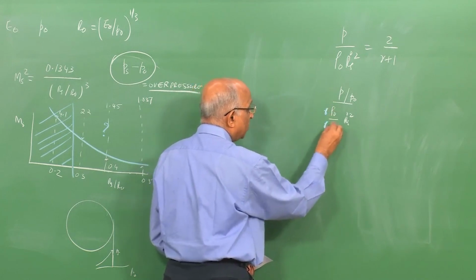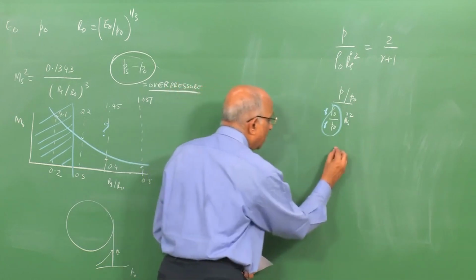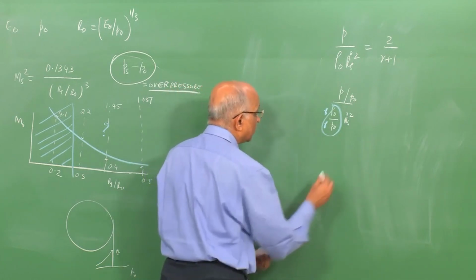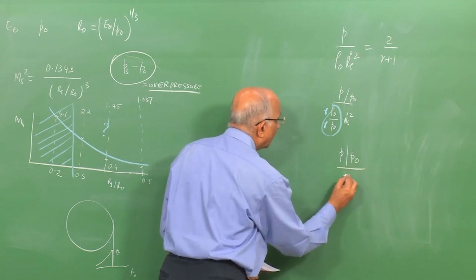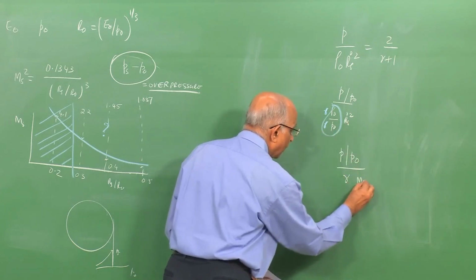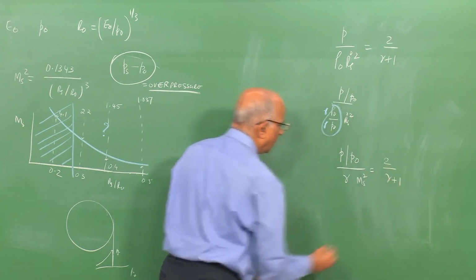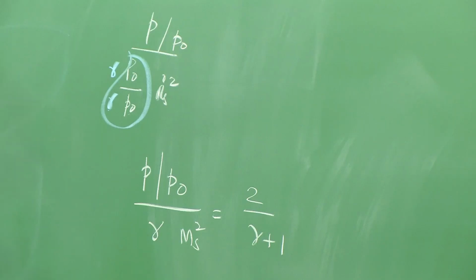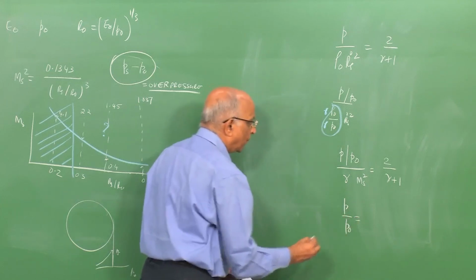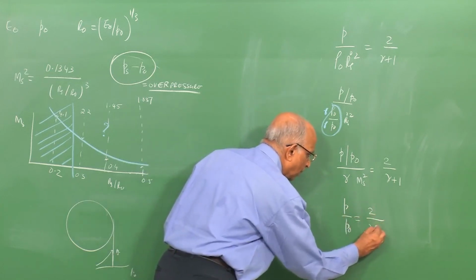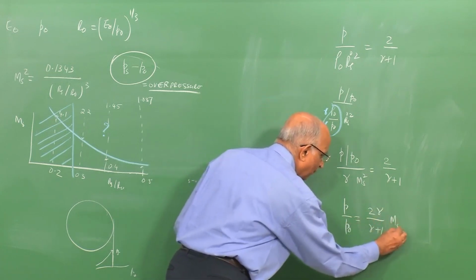And now I have gamma P 0 by rho 0 is equal to Ms square, and therefore, I can write the value of P by P 0 divided by gamma into Ms square is equal to 2 over gamma plus 1, or rather I get the value of P by P 0 is equal to 2 over gamma plus 1 into gamma into Ms square.